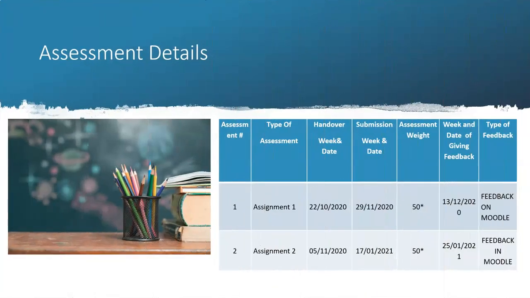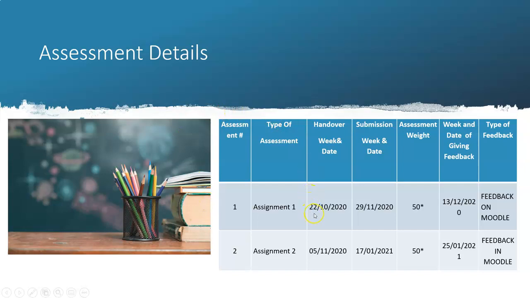Okay, coming to the assessments, the most important part of a module. Like your spring semester, this time also you will have 2 assignments. Each assignment carries 50 marks weightage, but the question paper will be for 100 marks as usual, so the marks you obtain out of 100 will be scaled down to 50.